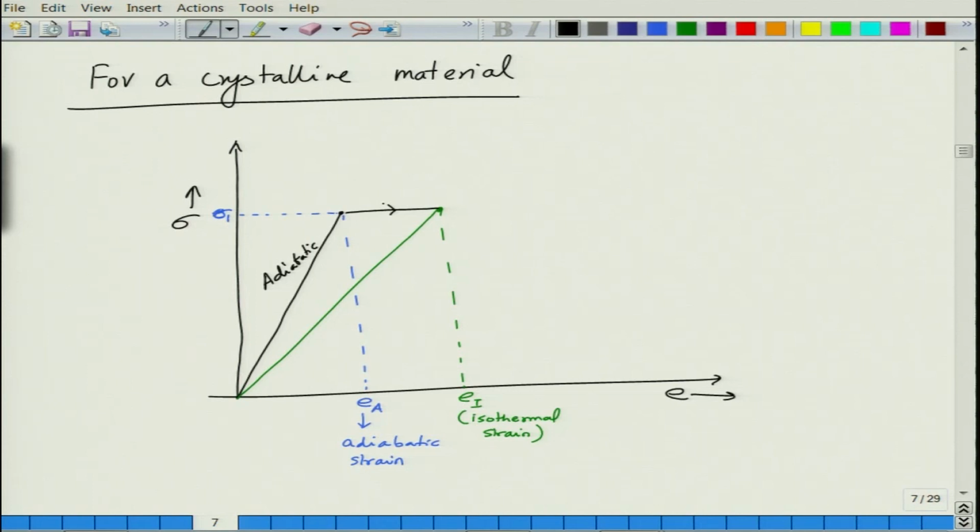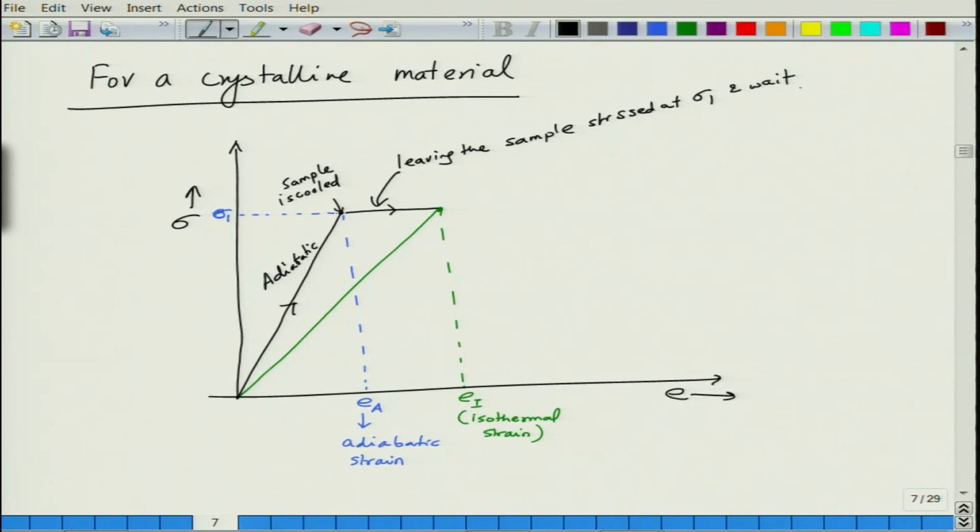So, this is the process of leaving the sample stressed at sigma 1 and wait. So, basically now when you go through this process, the sample is cooled.